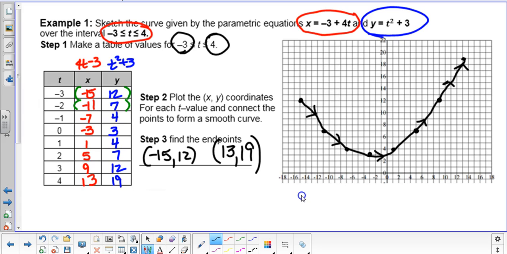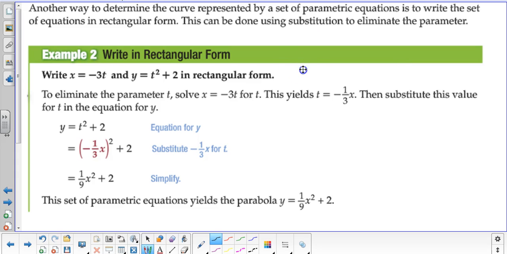Now, the other thing besides plotting these you're going to have to do is write an equation for that graph in terms of x and y again. That's called, in our book, write in rectangular form. It used to be, it would say eliminate the t.